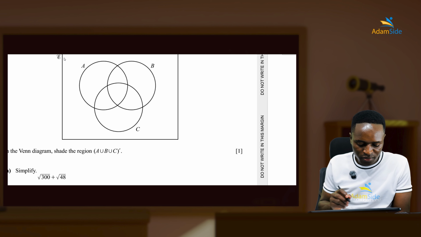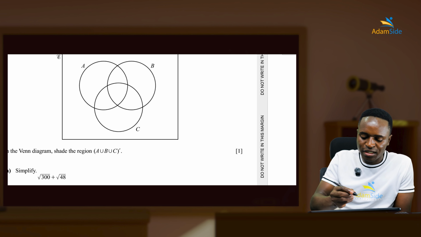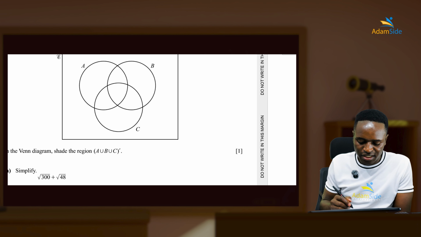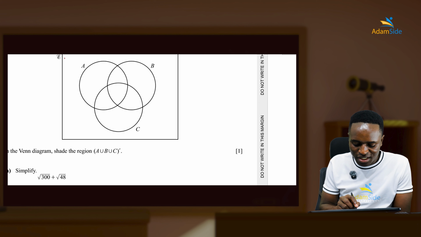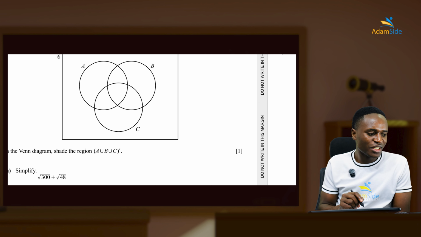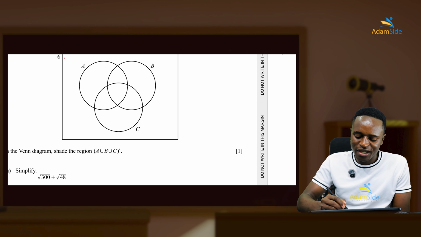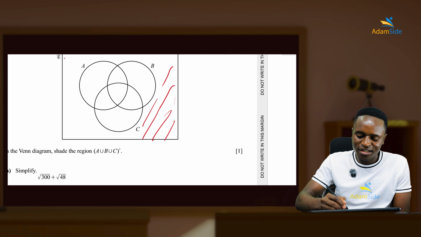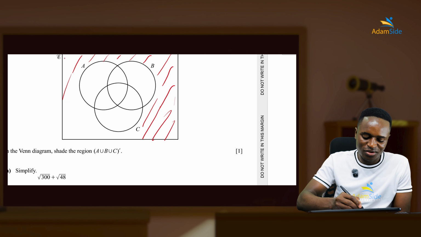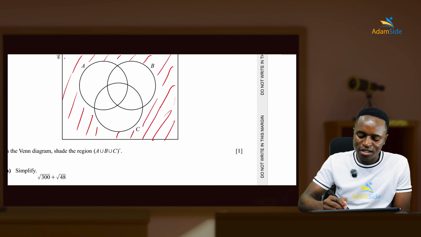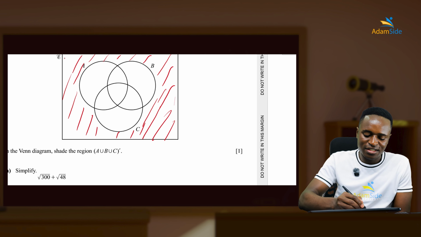In the Venn diagram, this is a Venn diagram question for presentation. U means union. So in the Venn diagram, shade the region (A union B union C) not. In other words, they say don't shade anything inside our circles. Remember, this is complement.